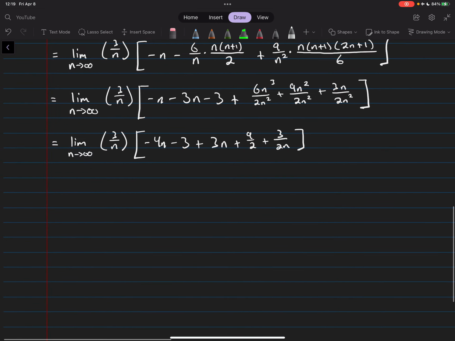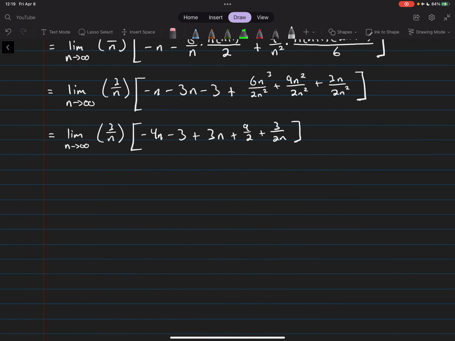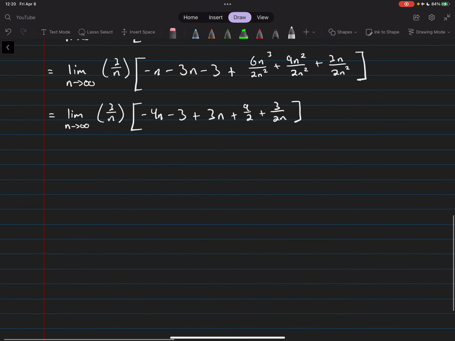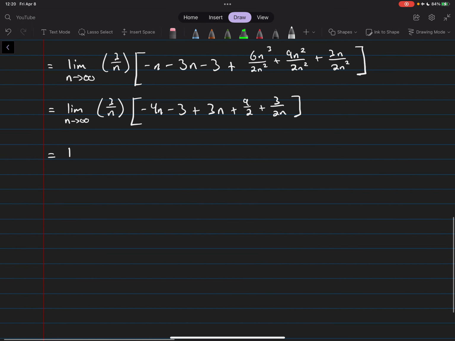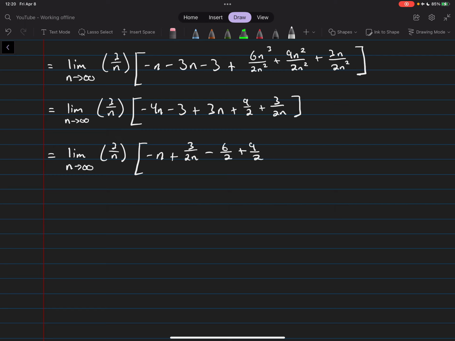So next, we're just going to continue to simplify things and combine some like terms here. So the limit of 3 over n times, let's see, we have minus n plus 3 over 2n minus 6 over 2 plus 9 over 2.